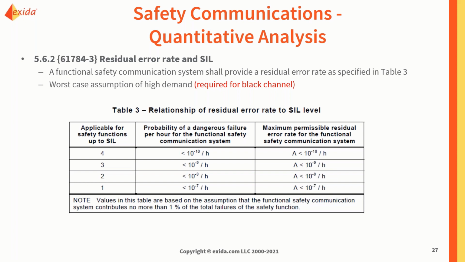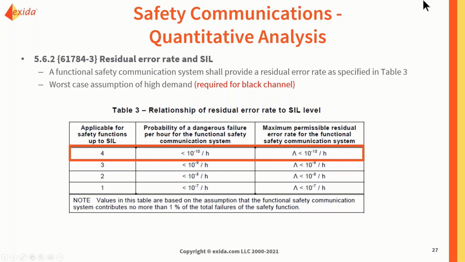In fact, if you want a SIL4 application, you need to limit the communication channel's failure rate to less than 10 to the power of -10 per hour. That is not an easy task to achieve.